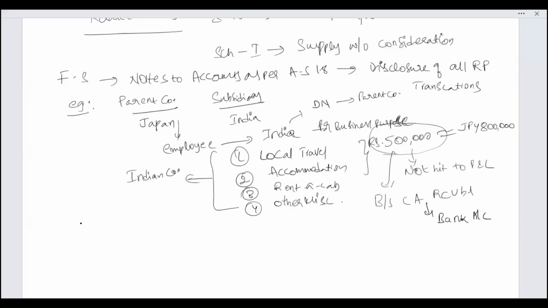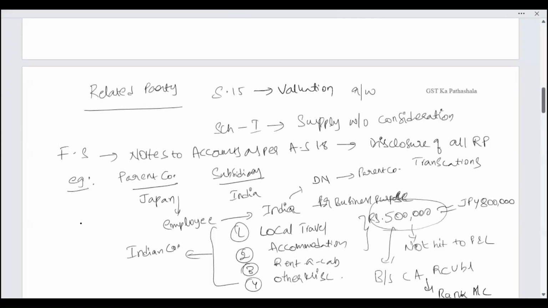They may claim, they may not claim. A related party transaction also works like this. I've spent 5 lakhs, so this Indian company draws 5 lakhs from the sister company by issuing a debit note. Now, by virtue of Accounting Standard 18, this transaction gets disclosed in my notes to accounts.